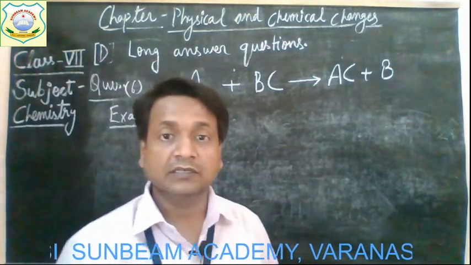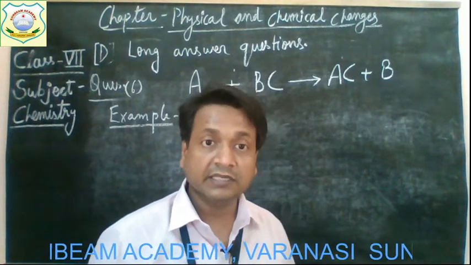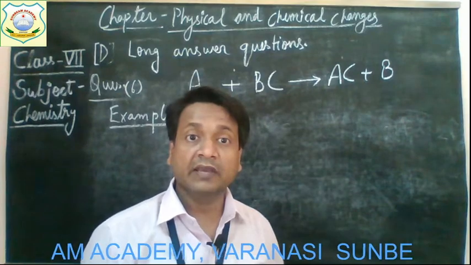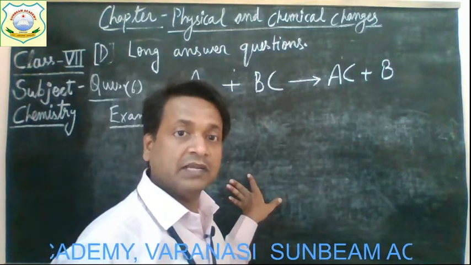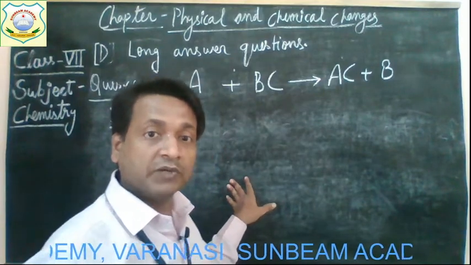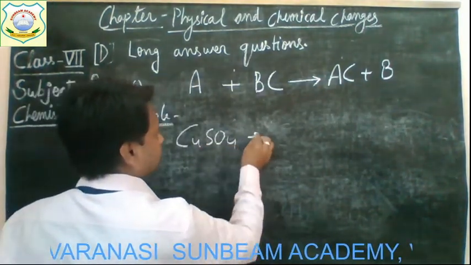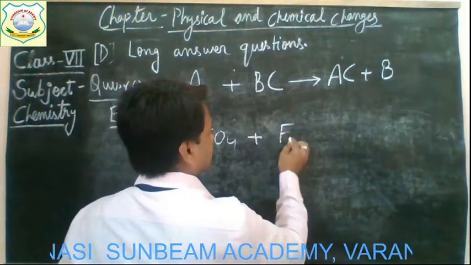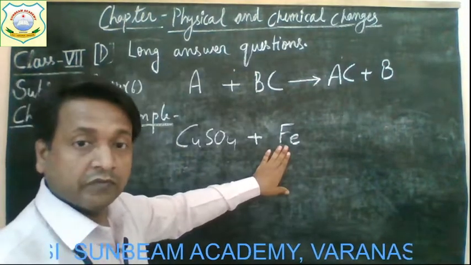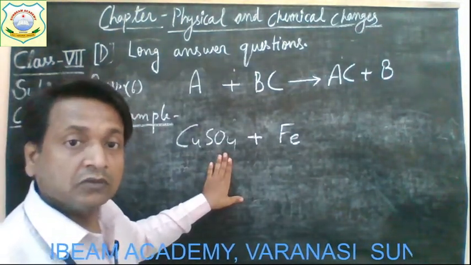copper sulfate. Children, we have done an activity in the lab, so remember there, we have done the same displacement reaction in that activity also. In copper sulfate solution, when we add the iron metal, what will happen?